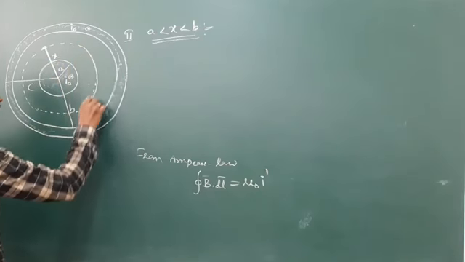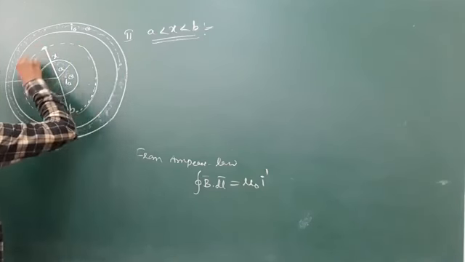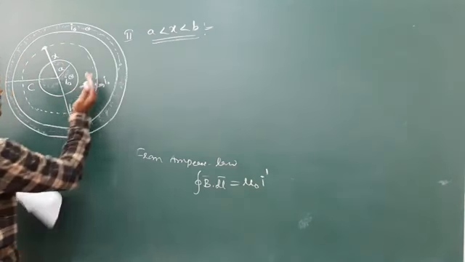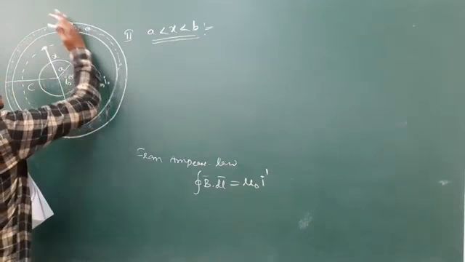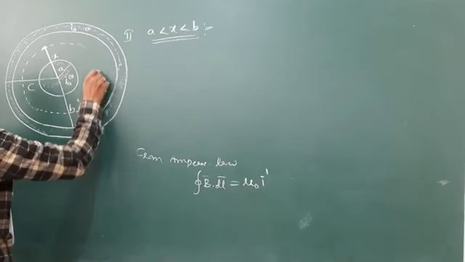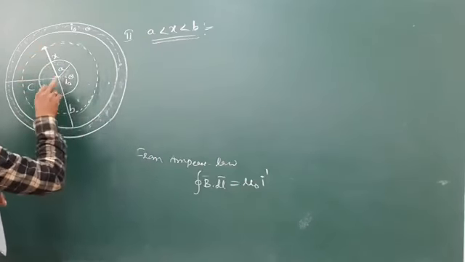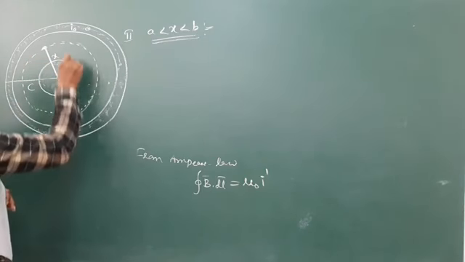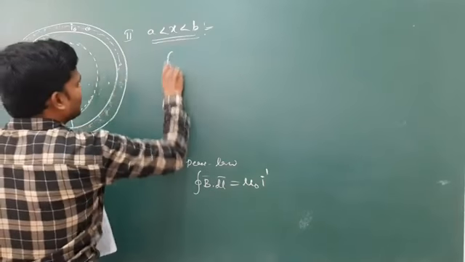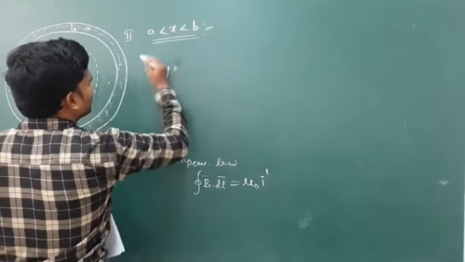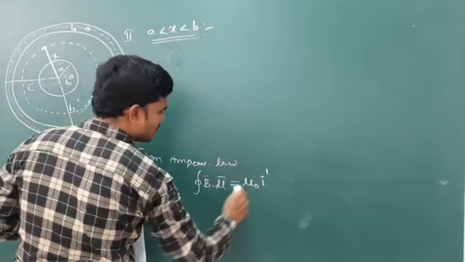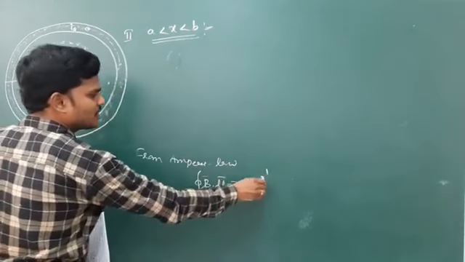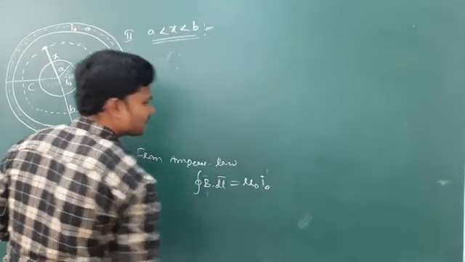So this region, this dotted region, encloses I naught current. Only this current is there. So here integration of B dot dl is equal to mu naught I dash. What is I dash here?